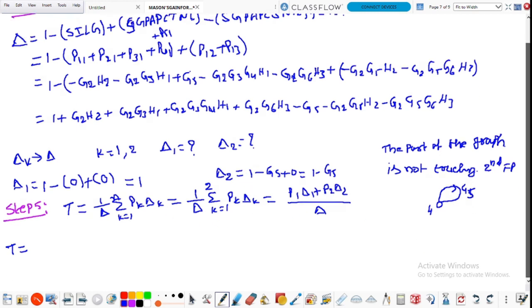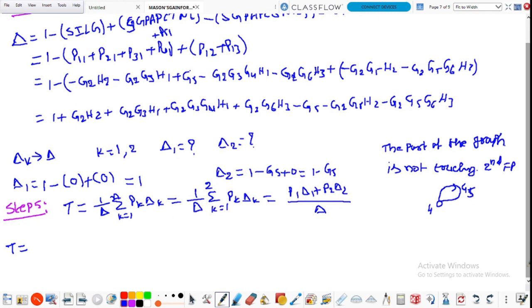So the transfer function T is equal to P1, G1 G2 G3 G4, into delta 1, which is 1, plus P2. The P2 value is G1 G2 G6 into delta 2. What is the delta 2 value? 1 minus G5.